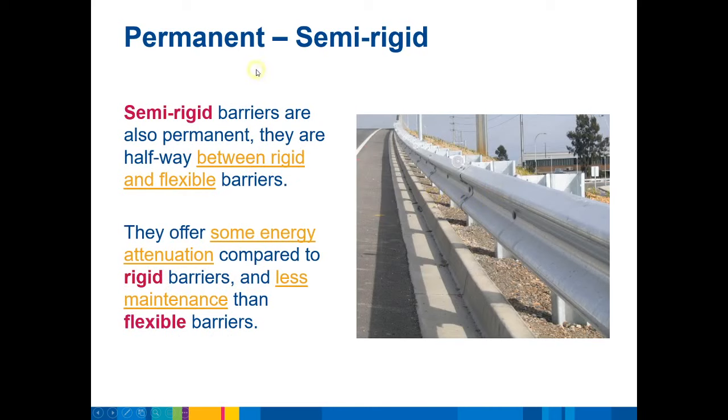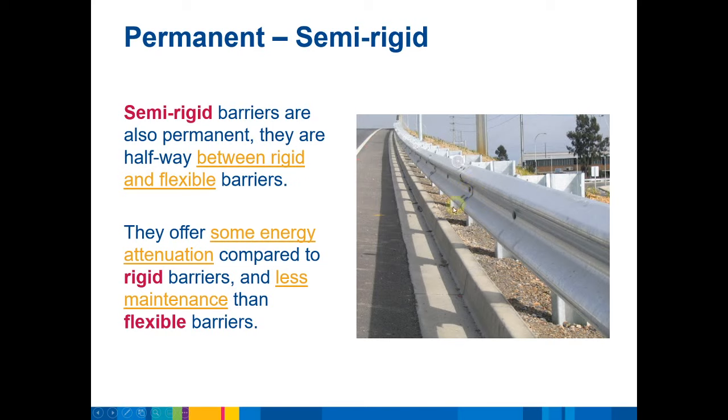In between the rigid and the flexible, we have semi-rigid. So here we've got a combination of a barrier curb and a steel W-beam barrier. This W-beam barrier is more flexible than concrete, but less flexible than the wire rope safety barrier. It does a good job of containing vehicles while absorbing some energy.